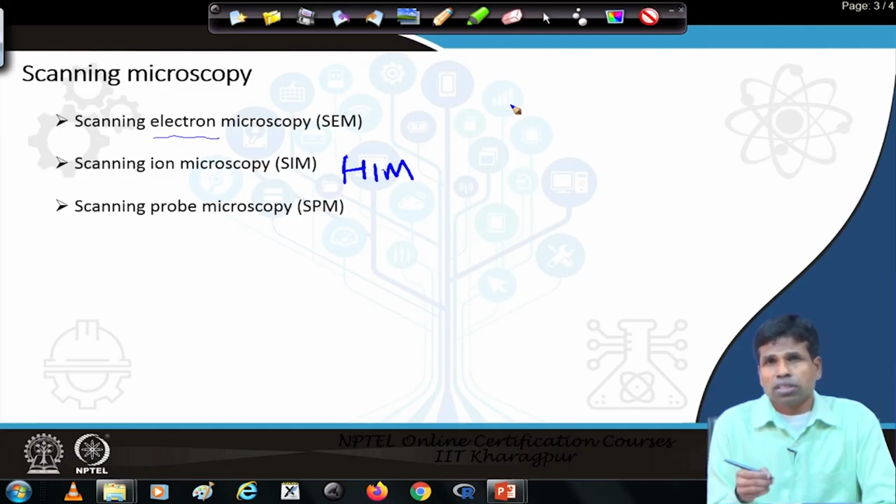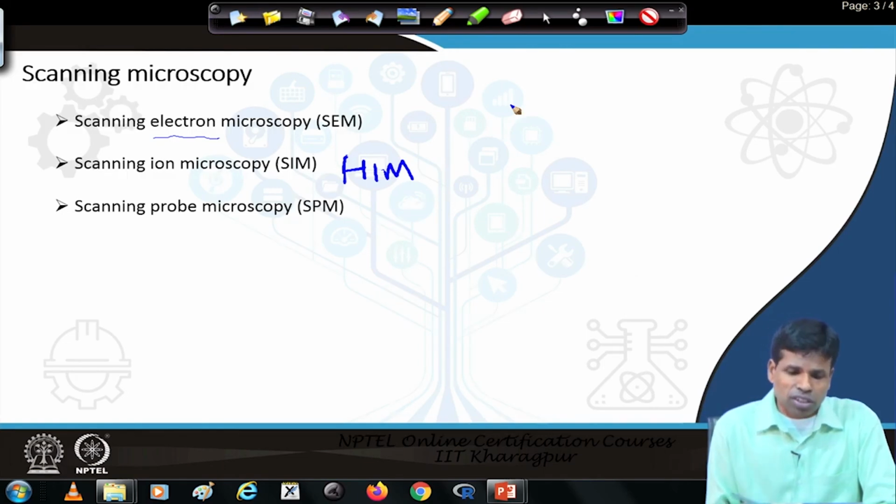Therefore, the signals are generated near the surface of the specimen or sample, thereby giving resolution much better than the scanning electron microscope. In both these cases, we normally use high vacuum through which the electron beam or ion beam passes to interact with the specimen.